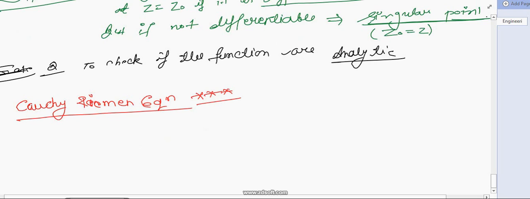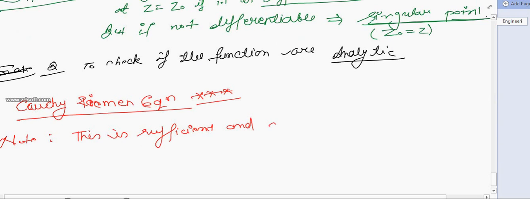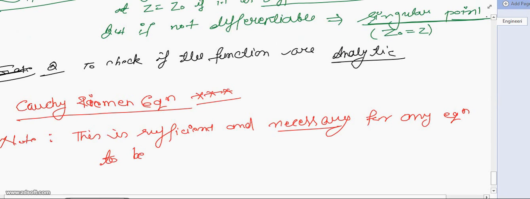Note that this is a necessary and sufficient condition for any function to be analytic.